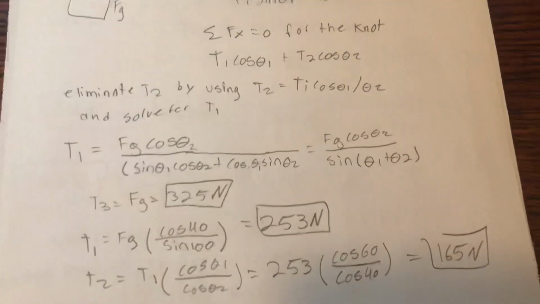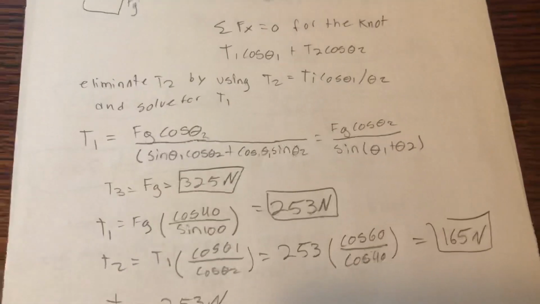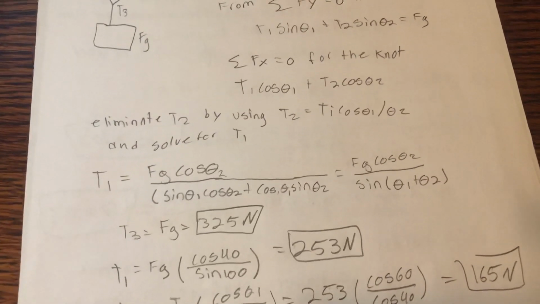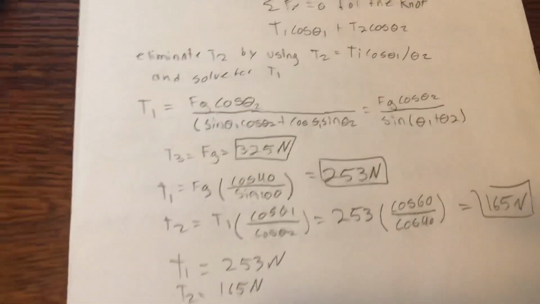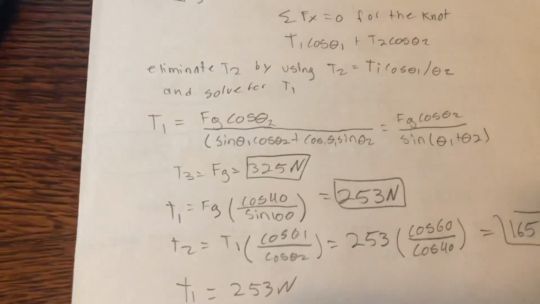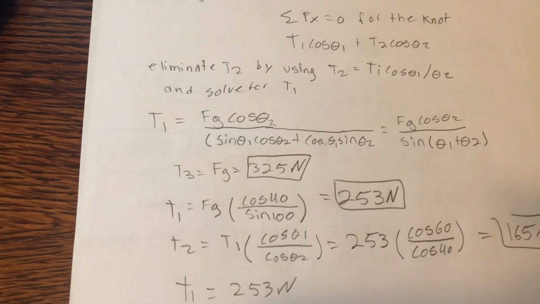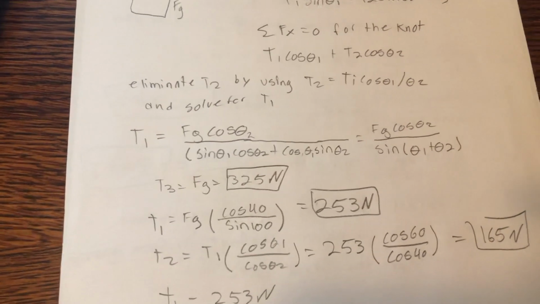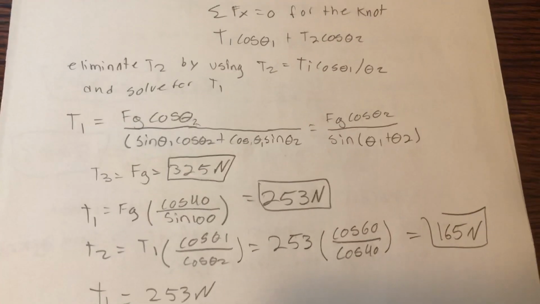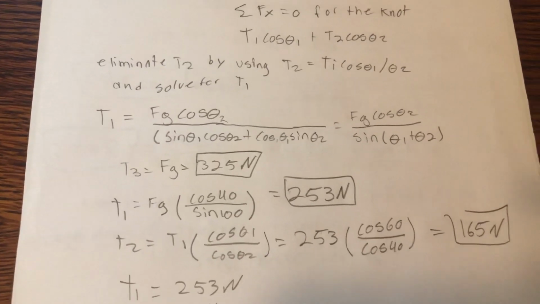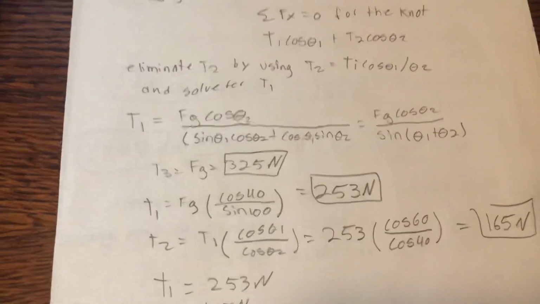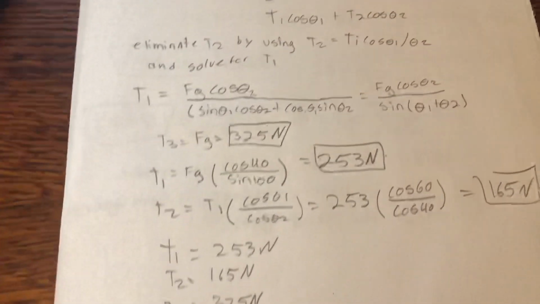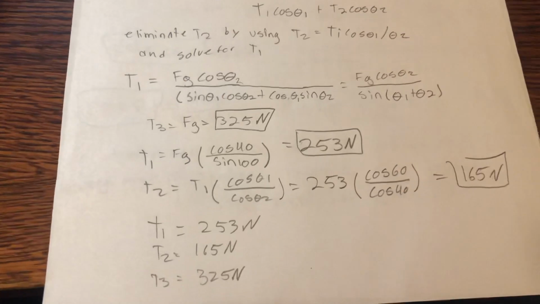And then I eliminated T2 by using T2 is equal to T1 cosine theta 1 over cosine theta 2 and solved for T1 and got the equation Fg cosine theta 2 over sine theta 1 cosine theta 2 plus cosine theta 1 sine theta 2, which is equal to Fg cosine theta 2 over sine of theta 1 plus theta 2. And then there is the T3, which is equal to 325.